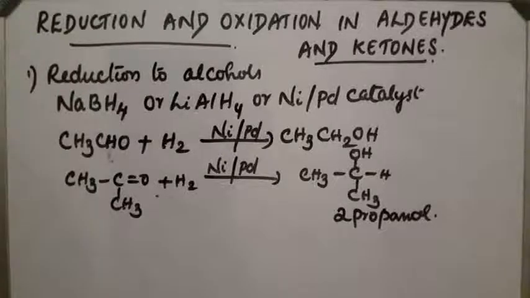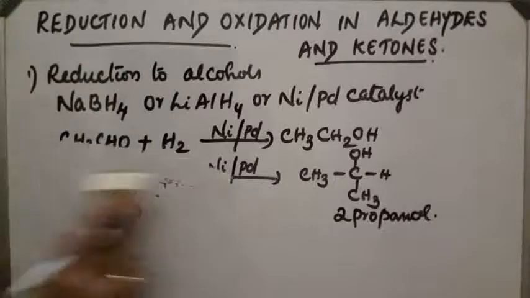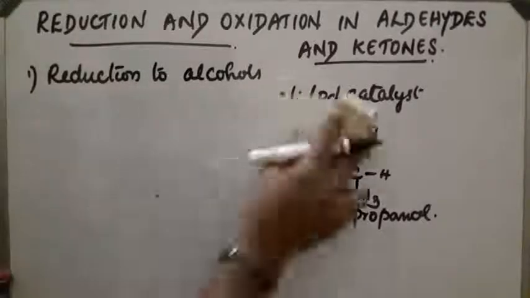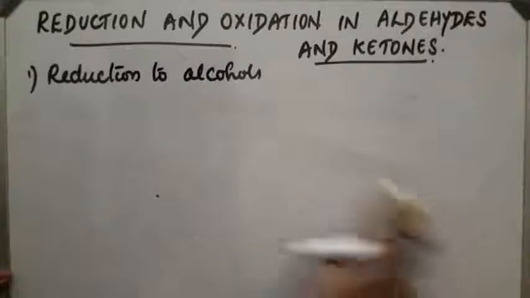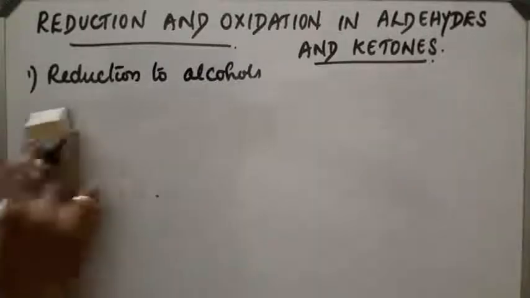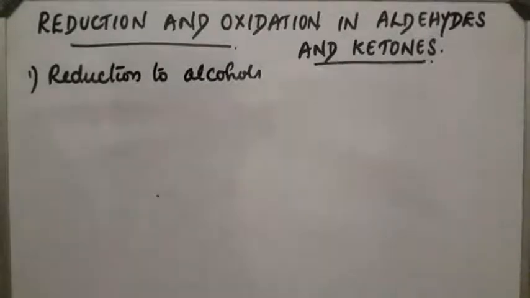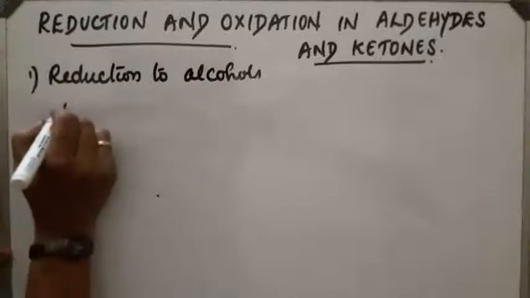Next reaction is reduction to hydrocarbons. Aldehydes and ketones get converted into corresponding hydrocarbons. There are two methods. First method is Clemmensen reduction.